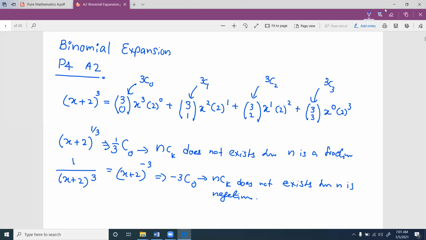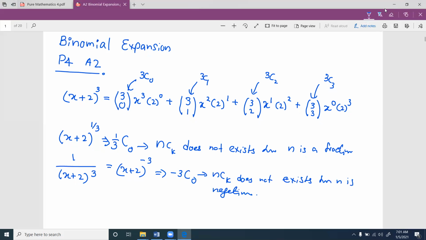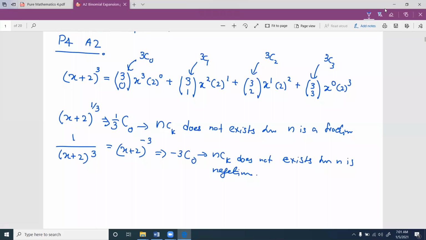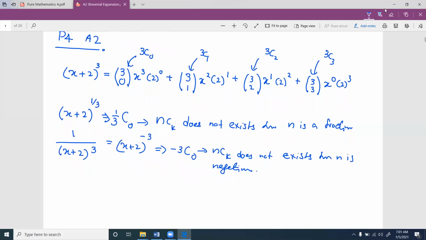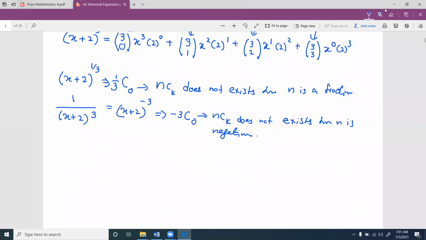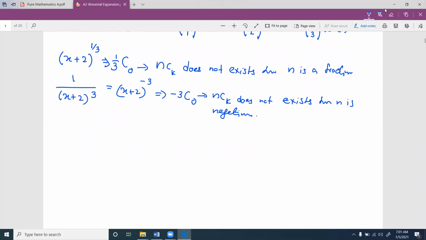Therefore, for such kind of situations, how are we supposed to do a binomial expansion for such a question? That is what we need to learn under binomial expansion in our P4 mathematics, or just our A2 level mathematics. For this case, we use the universal binomial expansion.